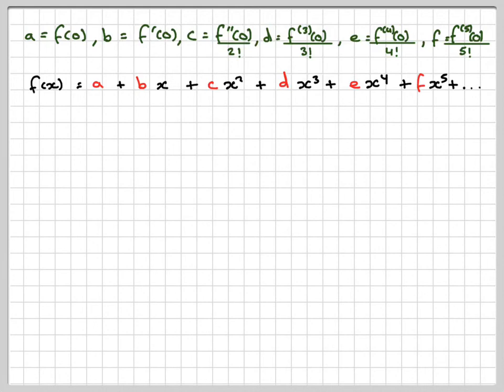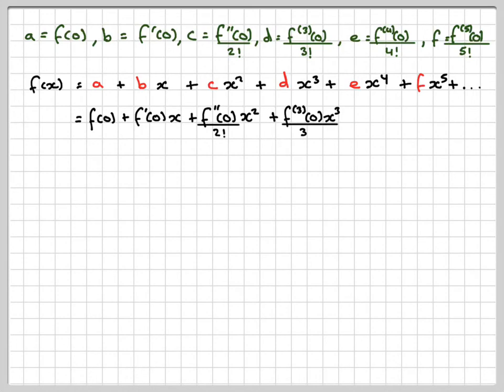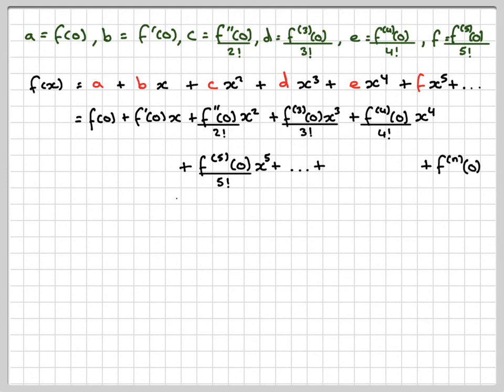If I now replace a, b, c, d, e, f with these, I now get f of 0 plus f dash of 0 times x plus the second derivative at 0 divided by 2 factorial x squared plus the third derivative at 0 divided by 3 factorial x cubed plus the fourth derivative at 0 divided by 4 factorial x to the 4, plus the fifth derivative at 0 times x to the 5 over 5 factorial, then there will be some last term which would be the nth derivative at 0 divided by n factorial times x to the n.